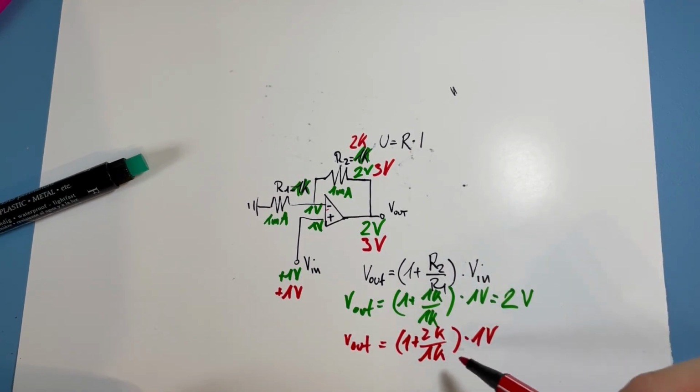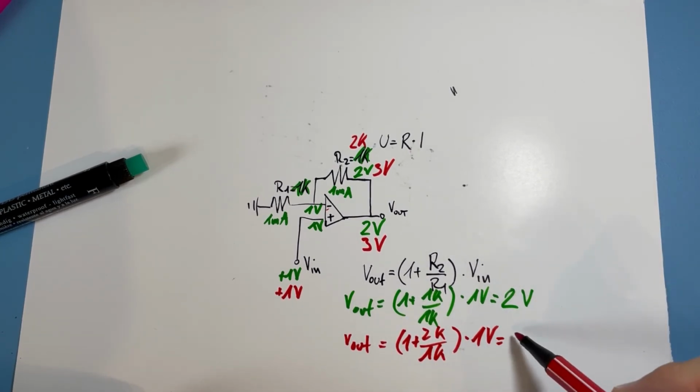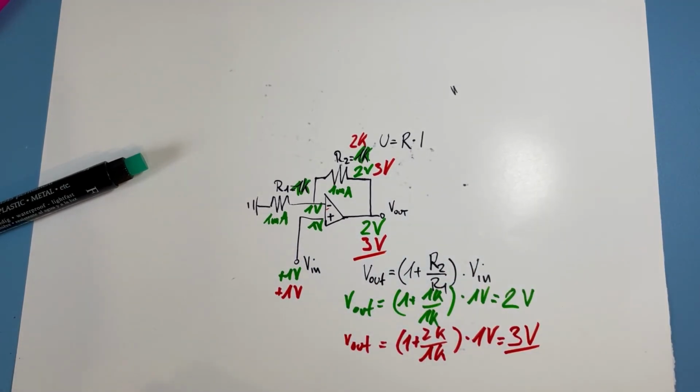So 2K over 1K, that's simply 2. 2 plus here in front 1, that's 3. 3 times 1 volt, that's 3 volts. Hey, okay, 3 volts, 2 volts. The formula predicts quite nicely what we have rationalized on the graph.